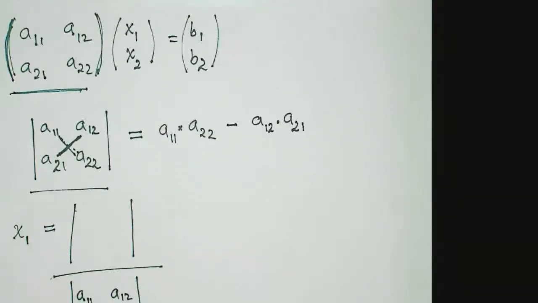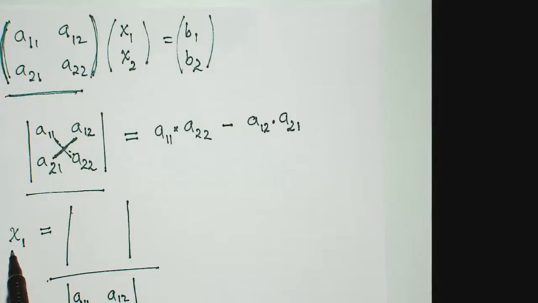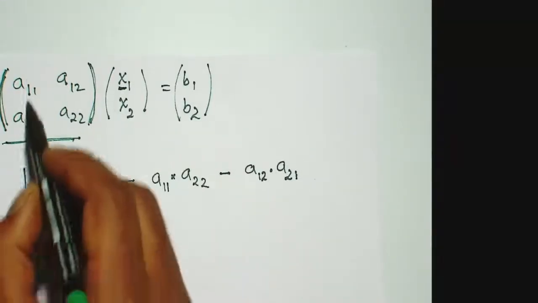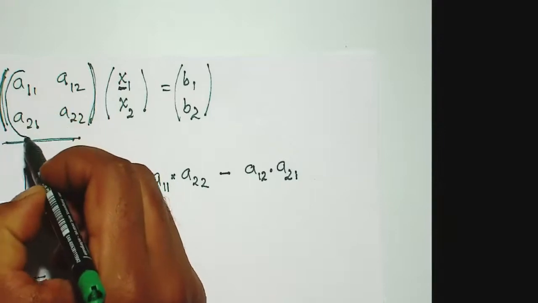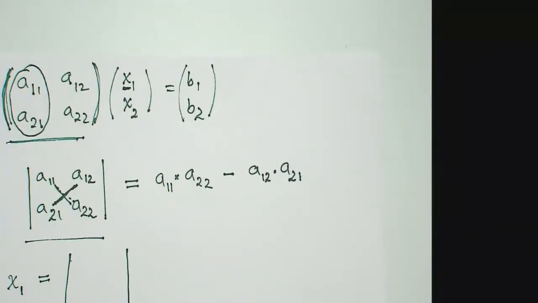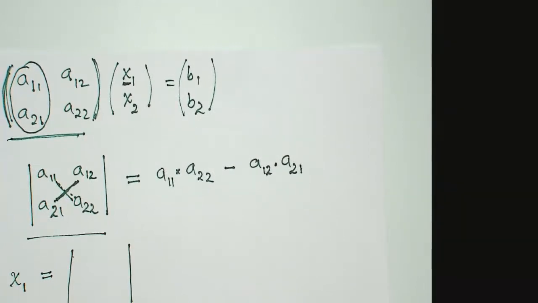So here we are trying to solve for x1. As you can see, x1 is appearing here, and the corresponding x1 values are these two elements, A11 and A21.